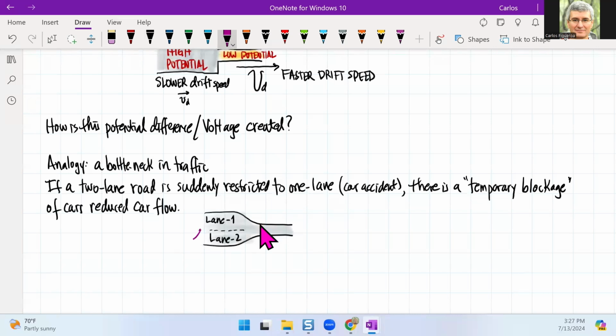Right in here, we're seeing that cars get backed up temporarily. And the reason why is there's this restriction caused by a smaller area.